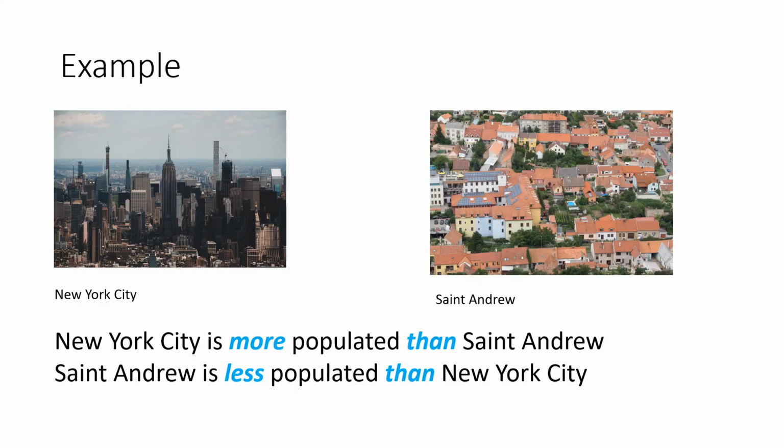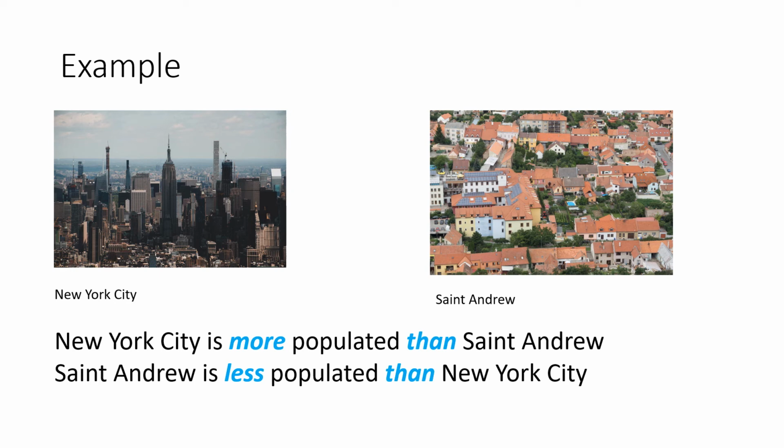Here is another example. New York City is more populated than St. Andrew. So if we look at both pictures, we see that St. Andrews may have 2-story, 3-story houses, narrow streets, a bunch of trees.